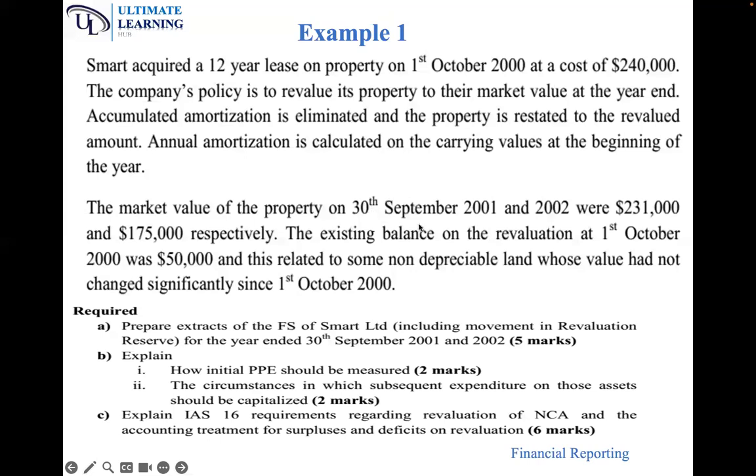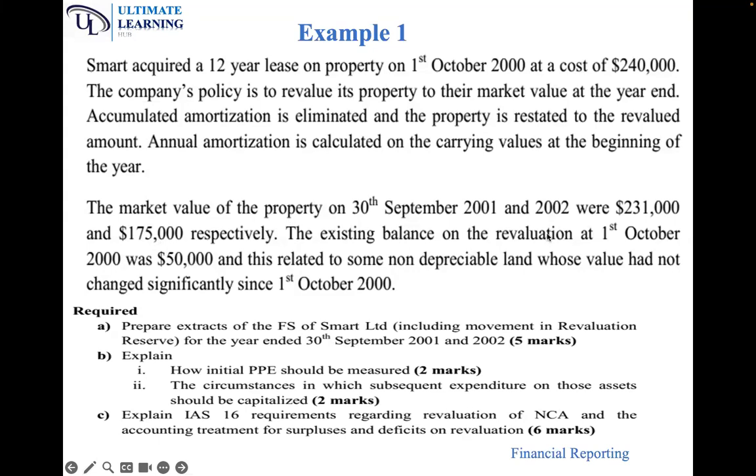The market value at September 2001 and 2002, in other words after 1 year and after 2 years, was $231,000 and $175,000 respectively. So in 2001, the market value is $231,000. In 2002, the market value is $175,000.